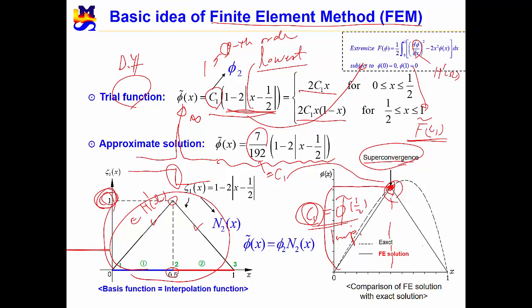In FEM, we employ these kinds of functions as interpolation functions, which have the same meaning as basis functions in classical approximations. Zeta will be replaced by function N2 and the unknown constant C1 by phi 2, following tradition in this field.